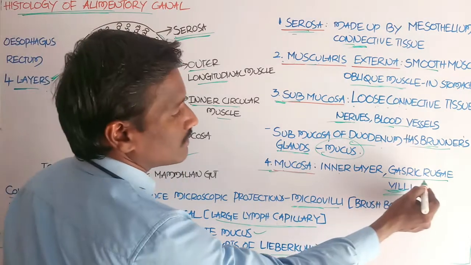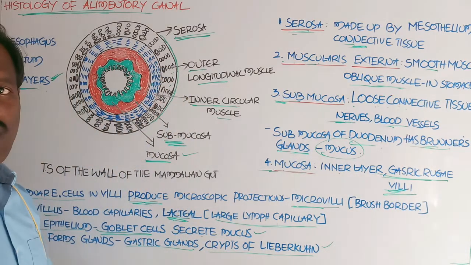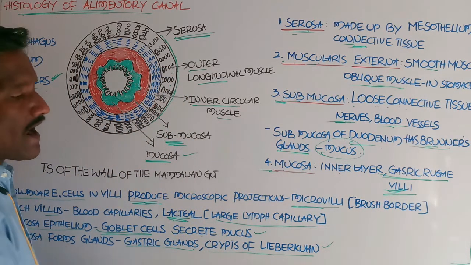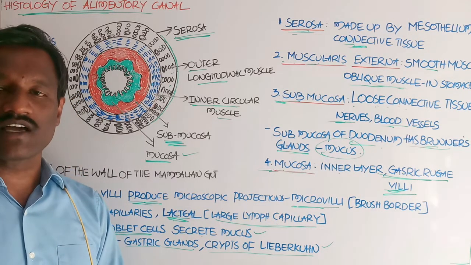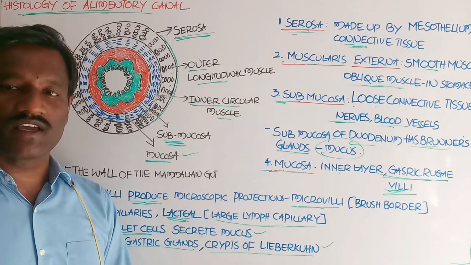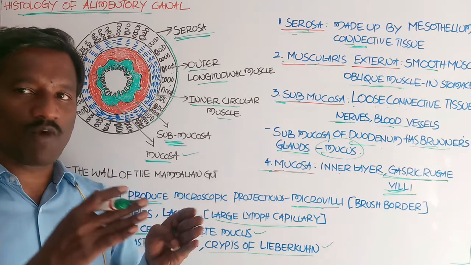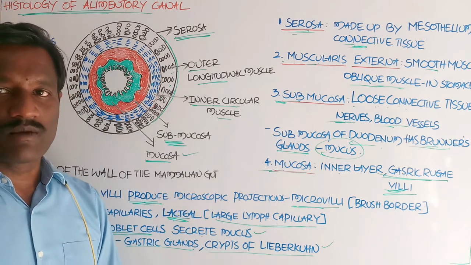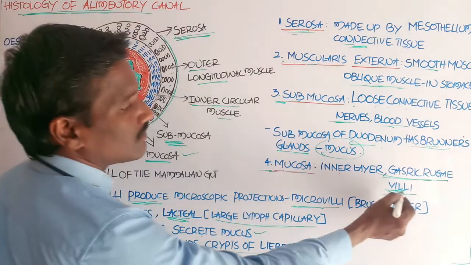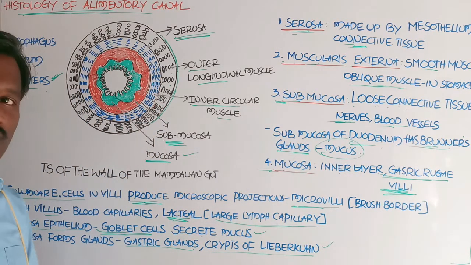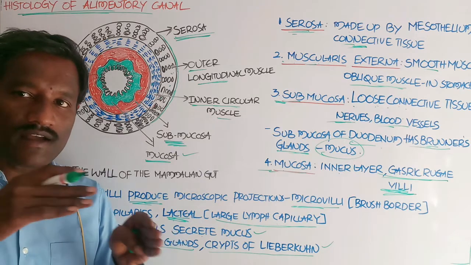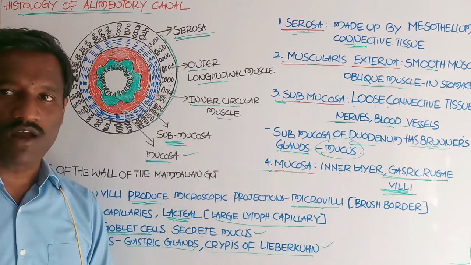These are called gastric rugae. And in the small intestine, the mucosa layer forms small finger-like projections called villi, which project into the lumen of the small intestine.